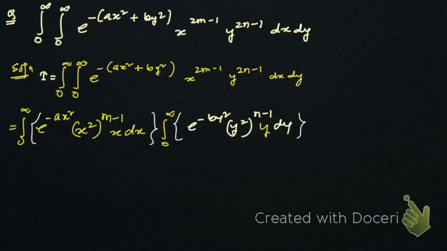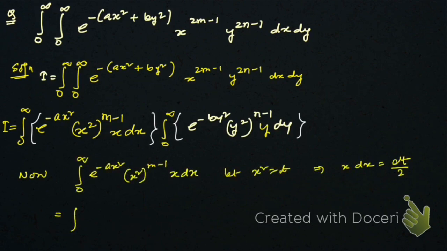So now let us try to solve one by one. So from here you can see, let's find this integral first. So here we will get 0 to infinity, and e to the power minus a x square is replaced by t to the power m minus 1, and dt by 2, this half is taken outside, right?